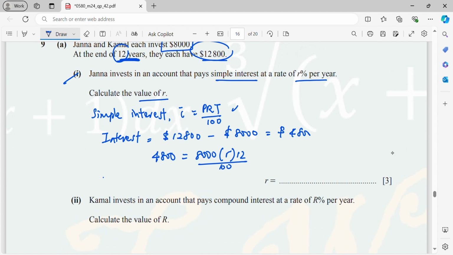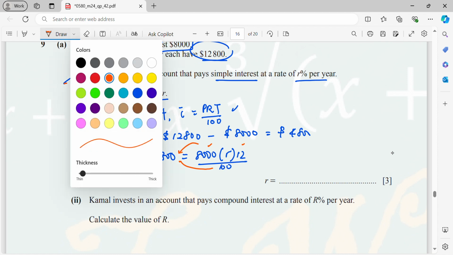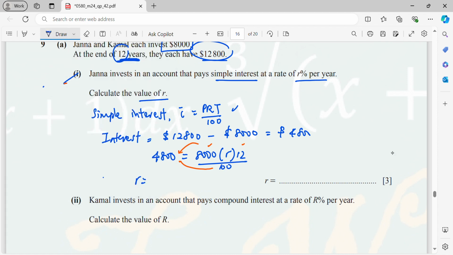So the R is basically the 100 moves up, and then these two values, you will move down. That will be the R calculation. So I will get 4800 times 100 over 8,000 times 12. Then this is going to be 5. So that means it's 5% per year.